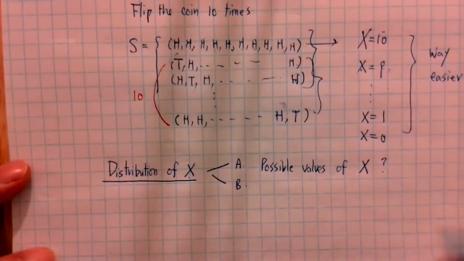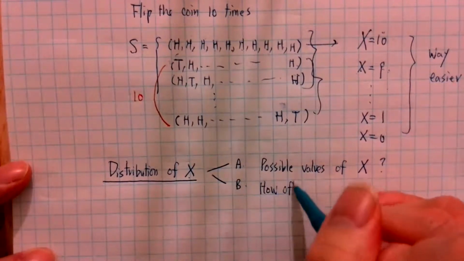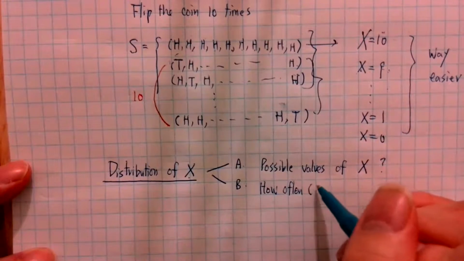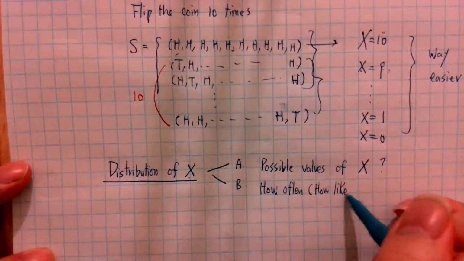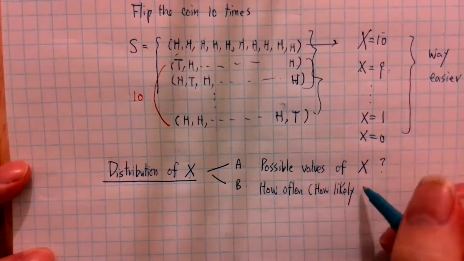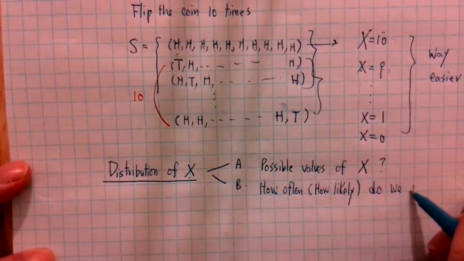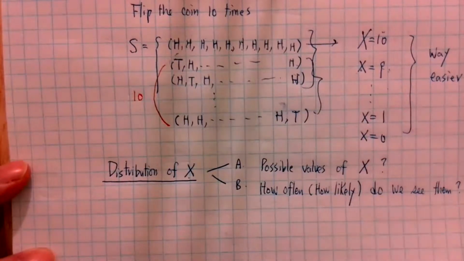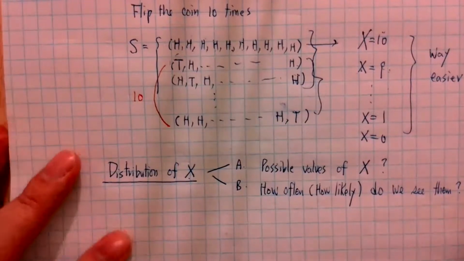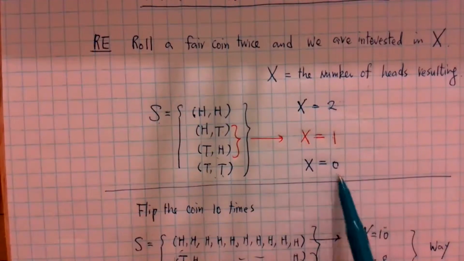And next, you need to tell me how often or how likely we see them. Okay, in our case, X has only 3 possible values.